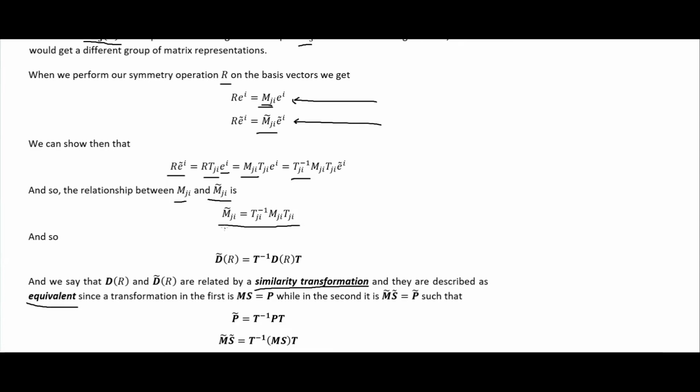So this tilde matrix here and this untilded matrix here are described as equivalent, and they are equivalent through this similarity transformation.